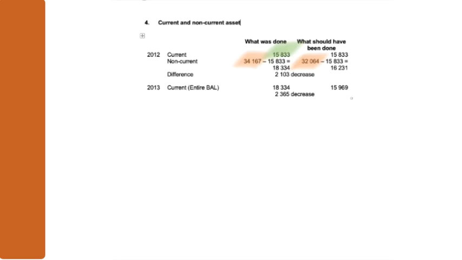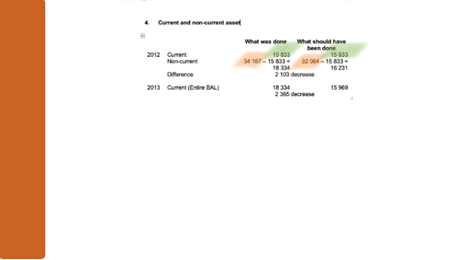What should have been done? Well, what is your rule? Look at the balance at the end of 2012. What is included in that balance that will be redeemed within the next 12 months? And the answer is, again, the maturity payment, the nominal value that is redeemed within the next 12 months, the redemption that takes place within the next 12 months.